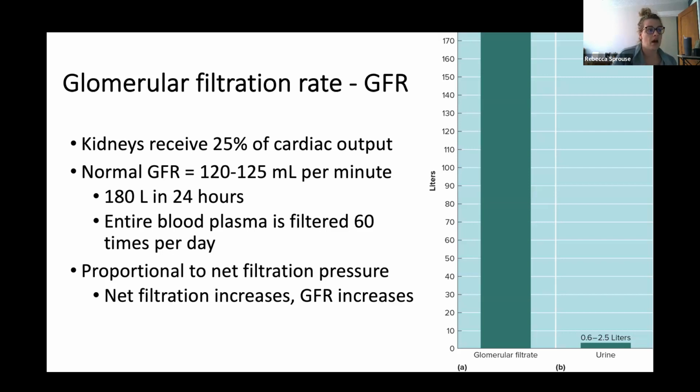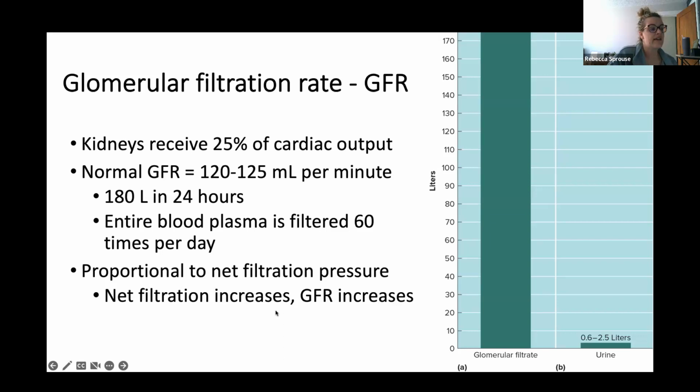That's quite a bit. And so ultimately, we are filtering about 180 liters in 24 hours, but we're only urinating up to 2.5 of those liters in 24 hours, which means about 177.5 liters is reabsorbed back into our bloodstream, which is fascinating. Our entire blood volume is filtered 60 times per day. So think about that. That's crazy.